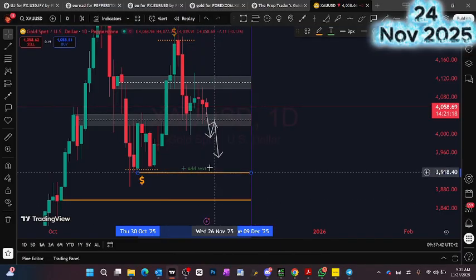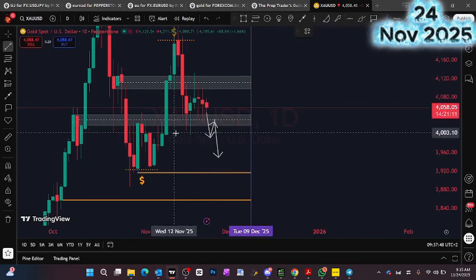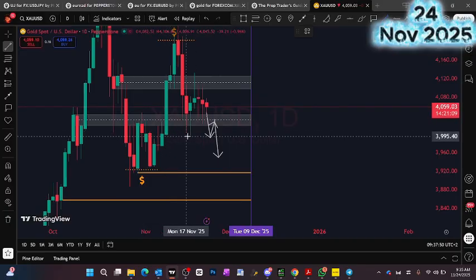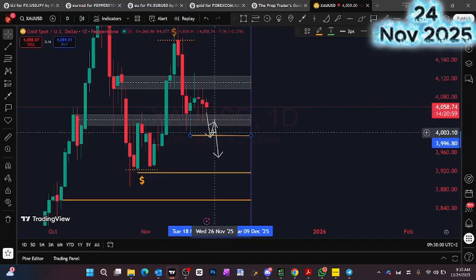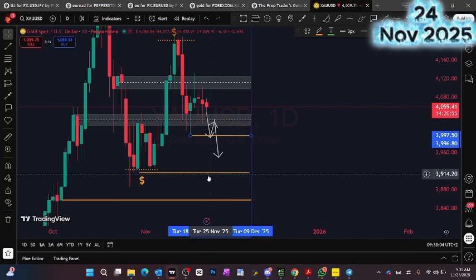If you don't hold for long, you can use this one. If price breaks, let's say it comes to this low here, it bounces from this low and then retests and then goes back to here.